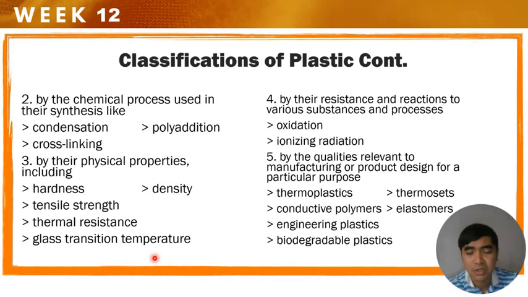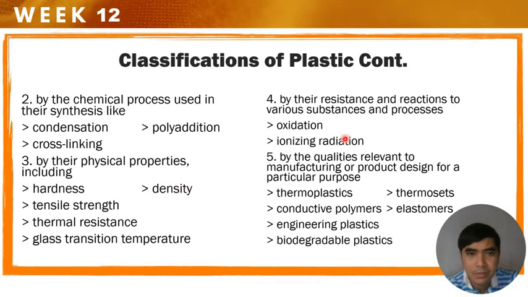It is abbreviated as Tg. It can also be defined as the temperature at which an amorphous polymer develops the characteristics of a glassy state, such as brittleness, stiffness, and rigidity, upon cooling. That's a physical property of plastic materials, as well as density, which is the mass over volume of the plastic materials.